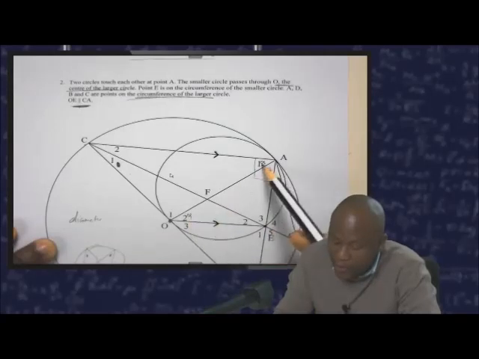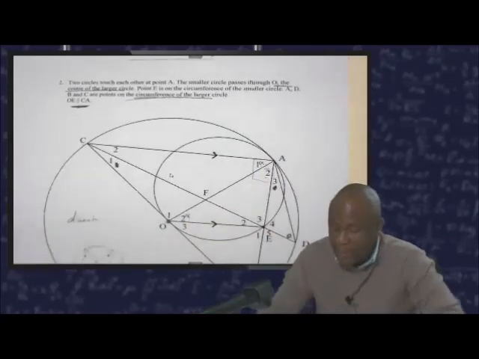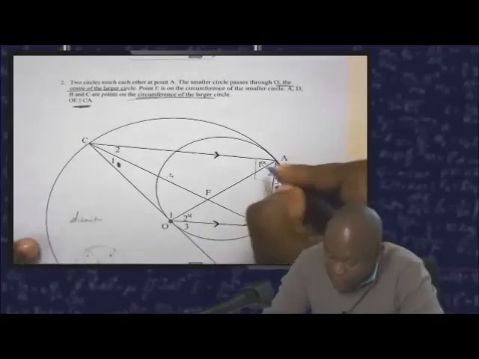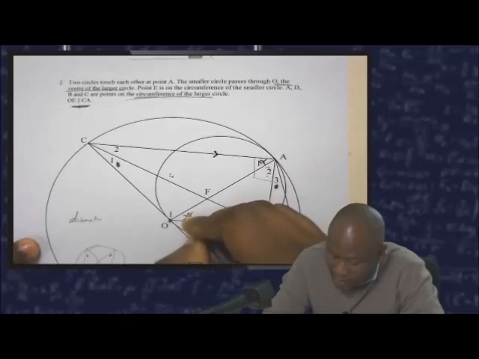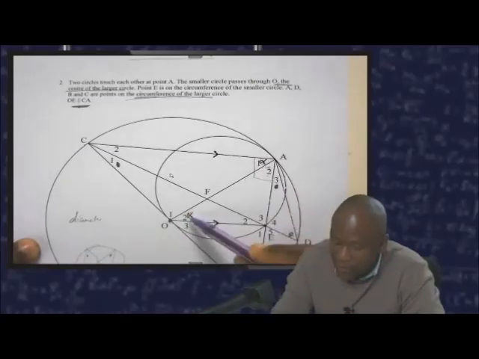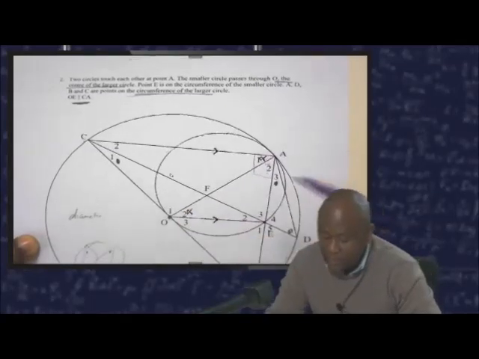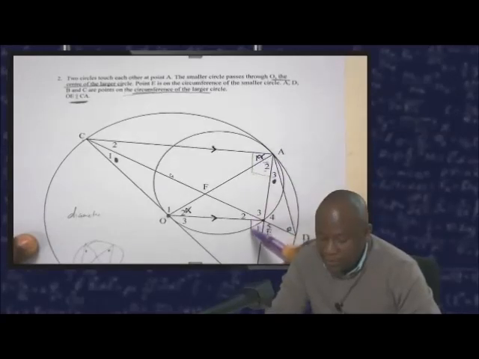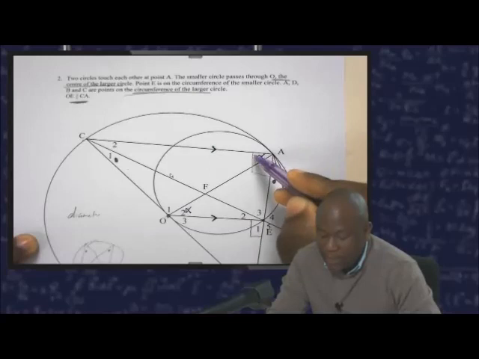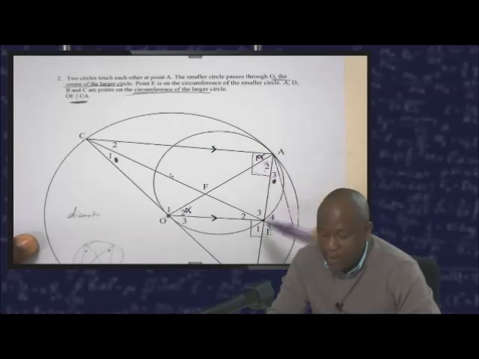I did a different marking, we can use a different color. This angle here and this angle there are equal because they are alternating angles. But look at this angle here, 90 degrees. It must be equal to this angle here also, 90 degrees. Why? Because they are corresponding angles. Parallel lines, these two angles are corresponding angles.